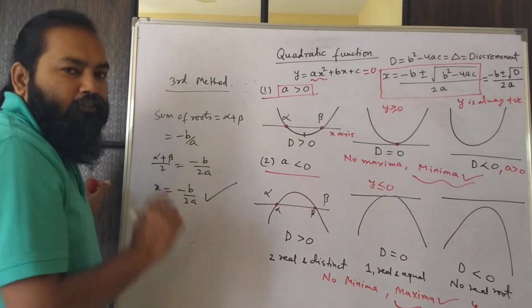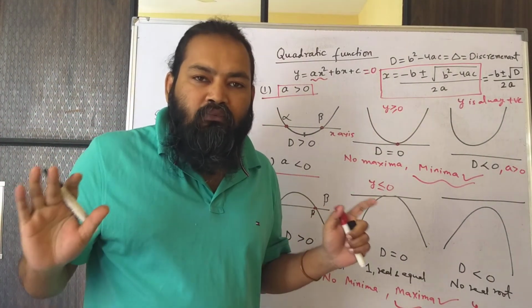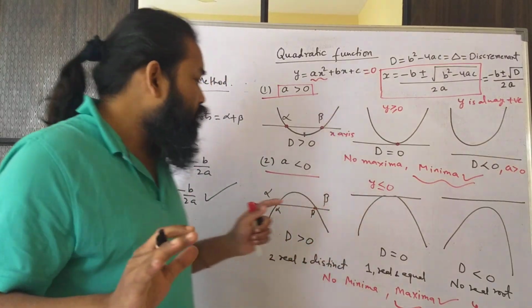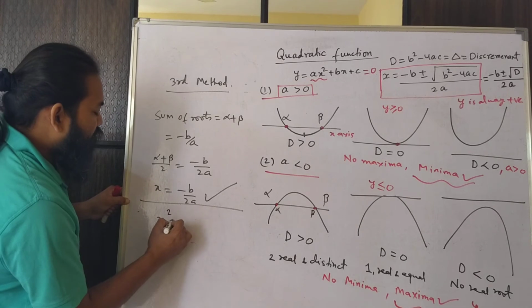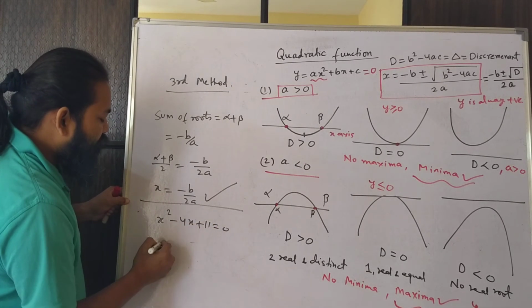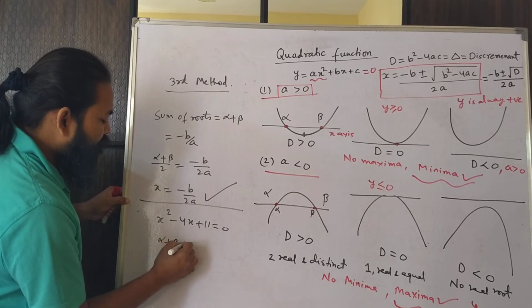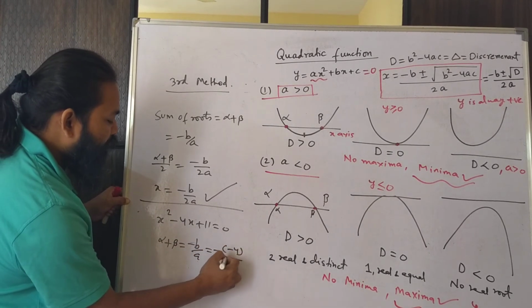Now I have derived the formula also. I have not used Sridharacharya's formula, but just by logic and symmetry we have derived the formula. So if I use that concept, let me solve the question. So x square minus 4x plus 11 equal to 0. Let me find alpha plus beta. So alpha plus beta is minus b by a, which is minus of minus 4 by 1.